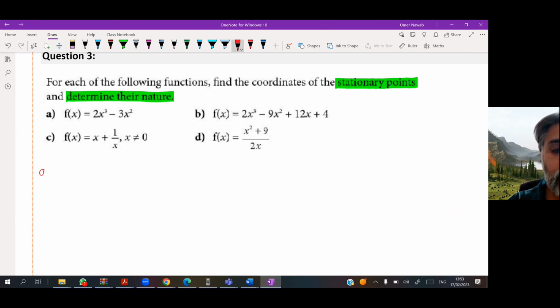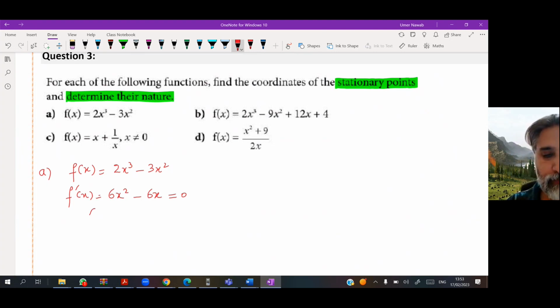So first question, f of x is equal to 2x cubed minus 3x squared. First derivative, 6x squared minus 6x. Put it equal to 0.